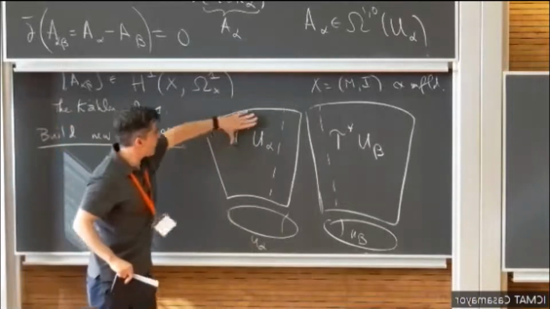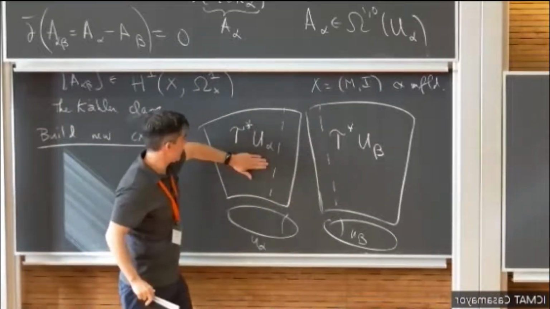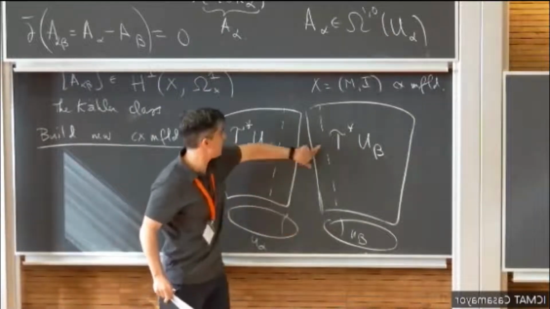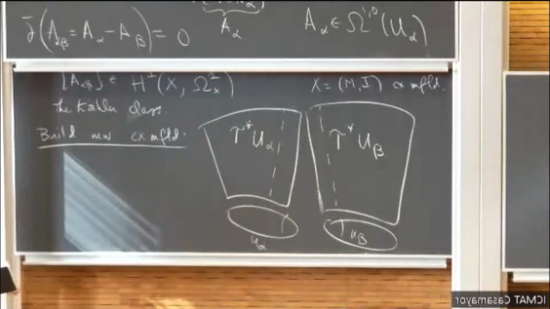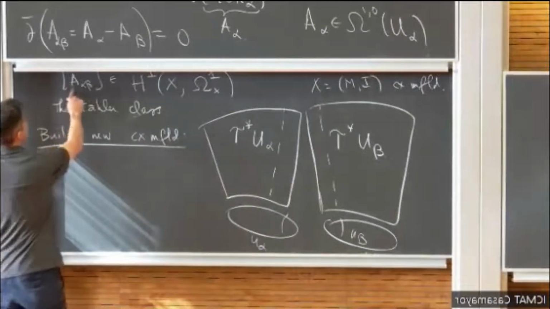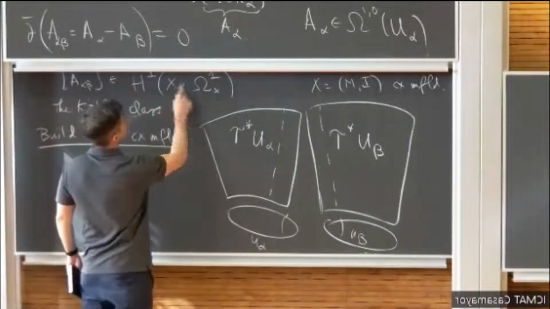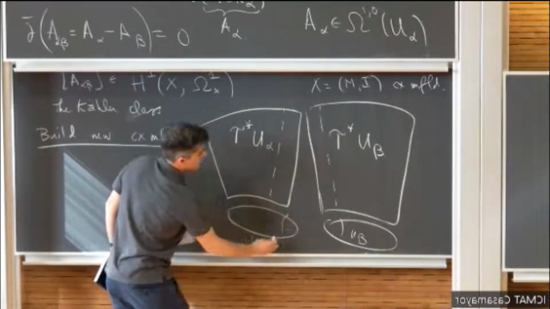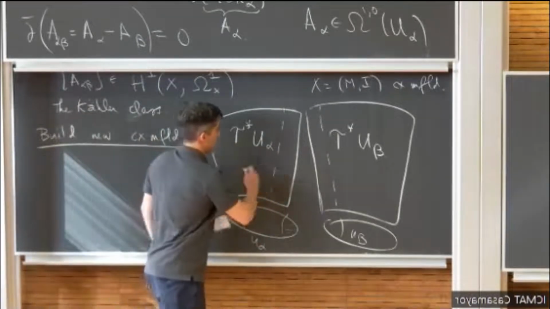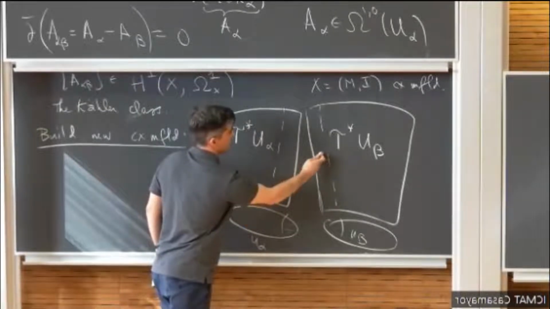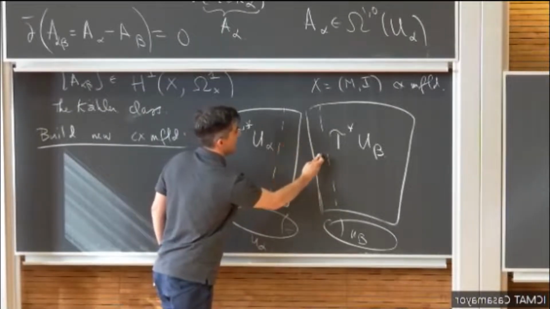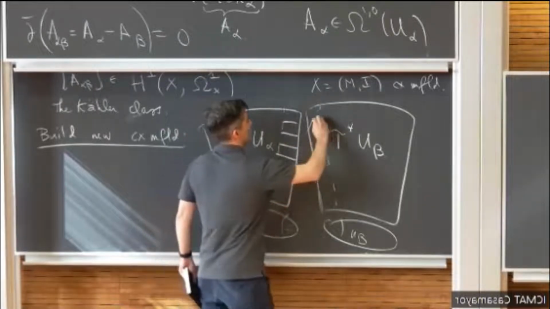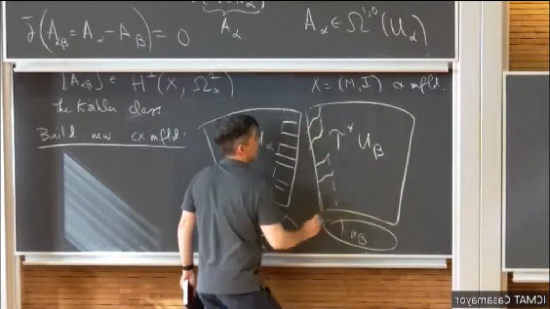Normally, in order to build the holomorphic cotangent bundle, you just glue this piece to this piece by the identity map and the derivative of the identity map. But I can use this A alpha beta, which is a holomorphic one form on this region here, to glue this to this by using the identity map with a vertical translation. So these would be glued like this.